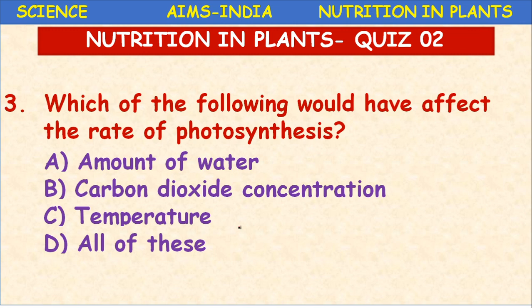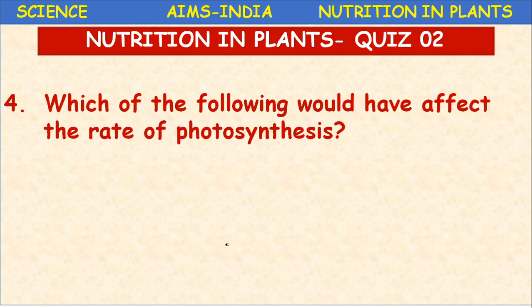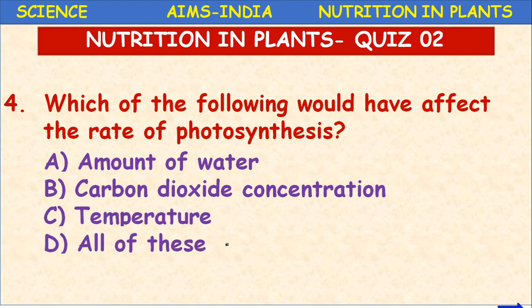So all of these: amount of water, concentration of carbon dioxide, and the temperature. These are the factors affecting photosynthesis. So the answer is all the above.